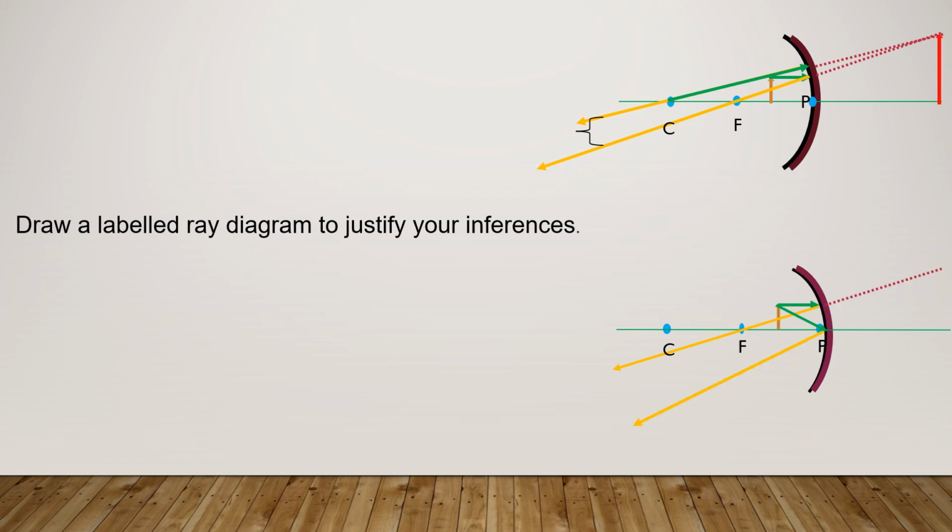Again the distance is increased, and when we extend these reflected rays back, they join behind the mirror. So this is where the image will again be formed. You can see it is an enlarged and erect image. Because it is behind the mirror, it is virtual. You cannot get it on the screen. That is why it is virtual.